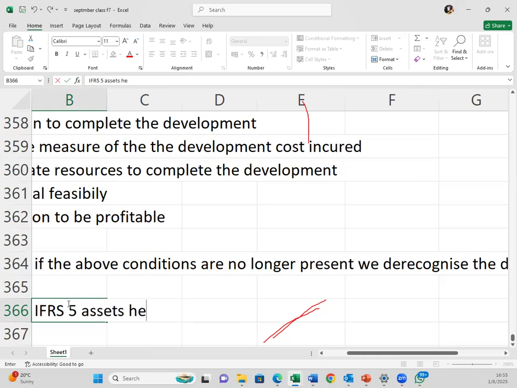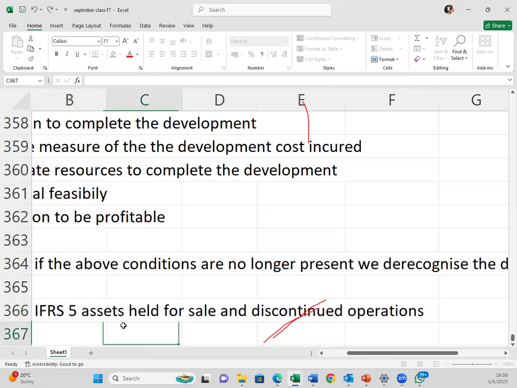Assets held for sale and discontinued operations.